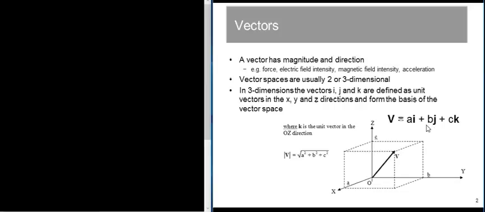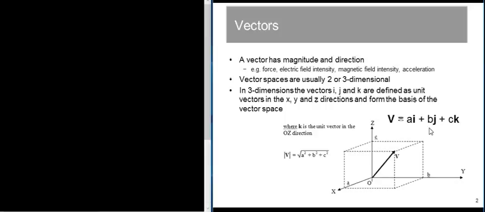The second part of the vector is in the y-plane, and that is described as j, and it has a magnitude of b. And the third part is in the z-plane, when we have 3-dimensional vectors, with a magnitude of c.